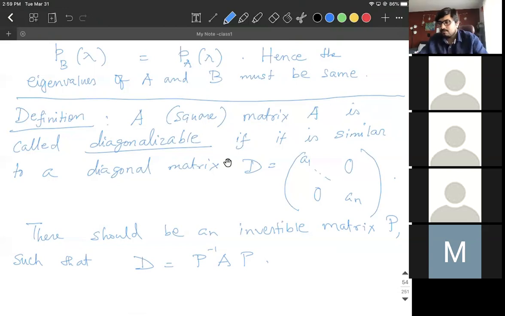And the process of getting a matrix P and the diagonal matrix D is called diagonalization. So this is the process of diagonalization.